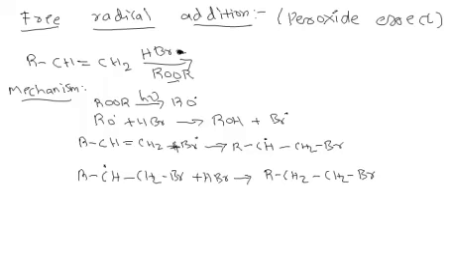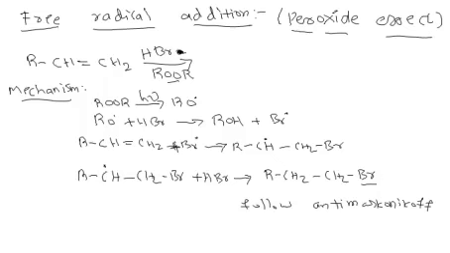Okay, so here bromine is attached with the carbon that is having more hydrogens, we can say this follows anti-Markovnikov rule, or you can say peroxide effect. Okay, so in this case no rearrangement will occur.